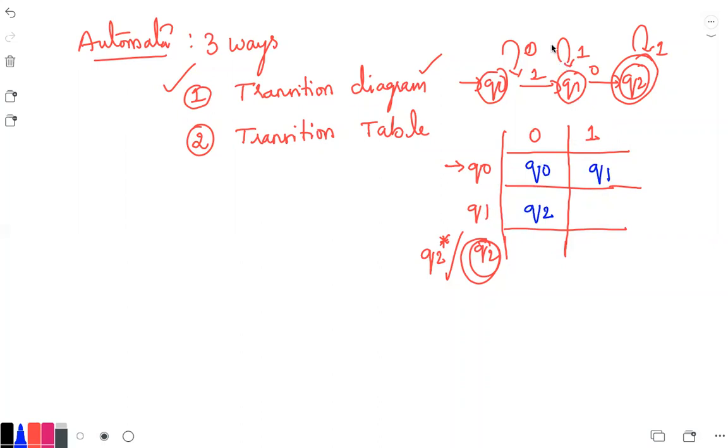From Q1, if you take the input 1, the same Q1. Q2 on 0: there is no input 0 from Q2, there is only 1. So leave it. This is the second methodology. This is how you can write an automata.